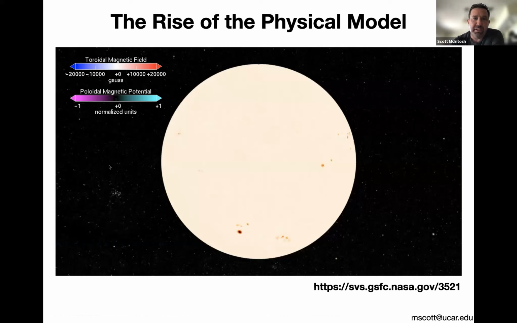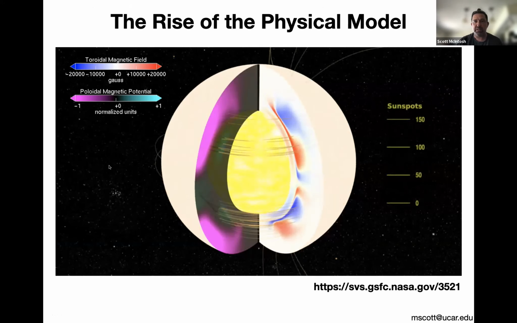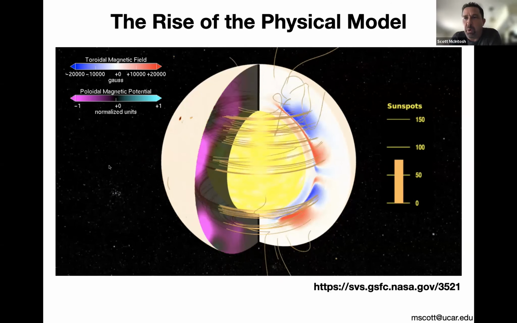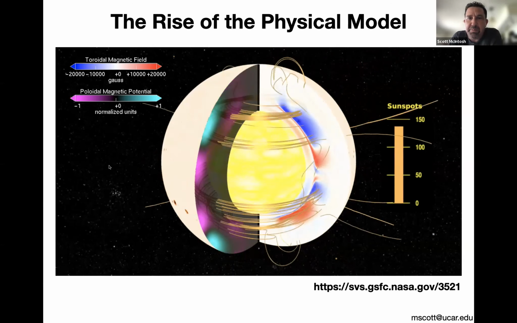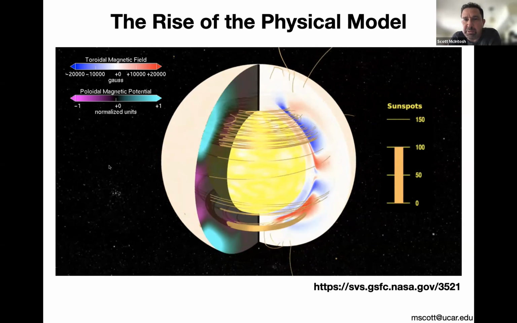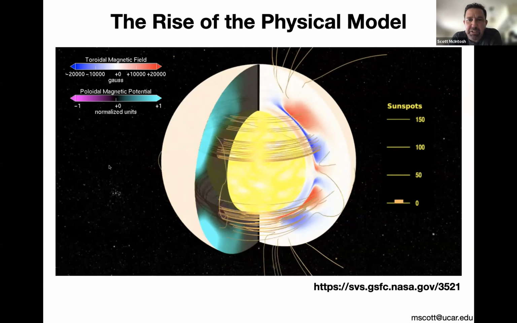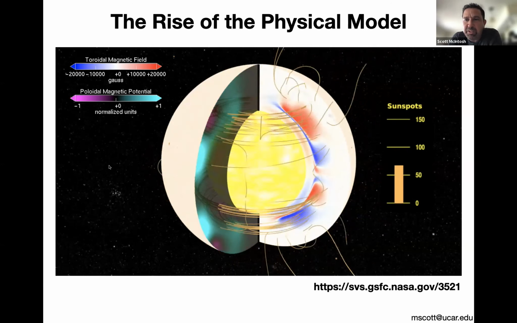This is really the rise of the physical model, and this has been plundered from Andres and Debiandu and Pete Martins and others, just illustrating what one of their polar infused dynamo models looks like. I don't know if Dana was involved in the creation of this, but it's a really pretty spectacular looking movie.